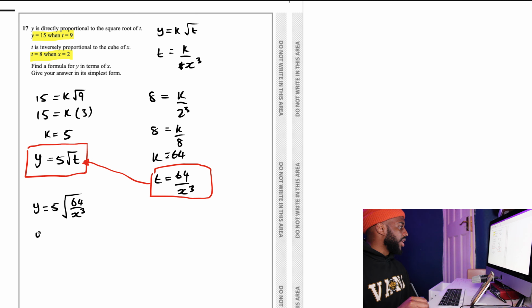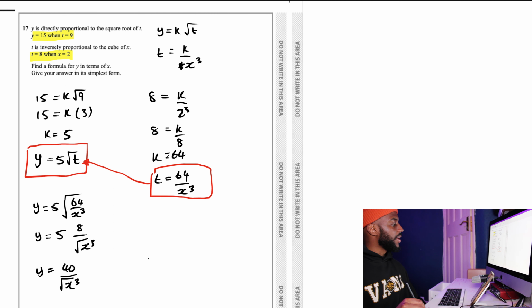And then we're able to root the 64. So we're going to make that 8 on the top. But we're not able to root this cubed bit, so we leave it like that. And then we're going to times 5 by this fraction, and that gives us 40 over root x to the power 3, sorry. And that's its simplest form. We leave it like that.